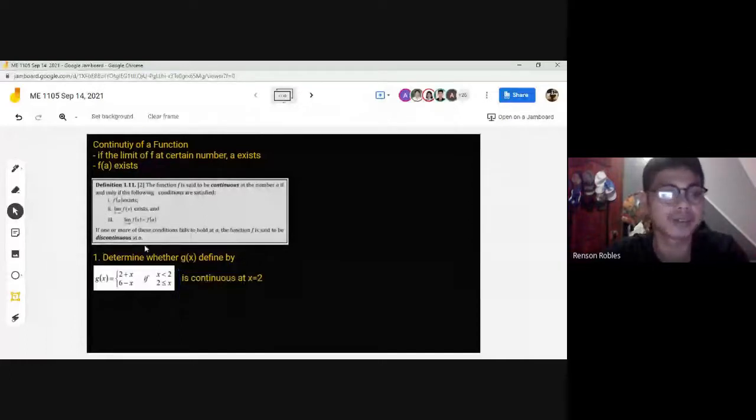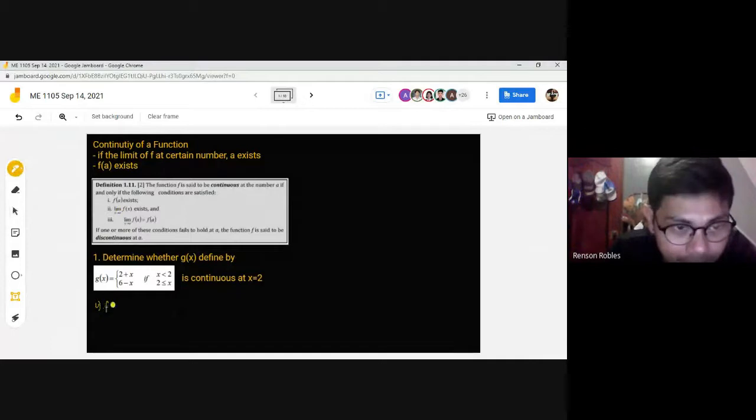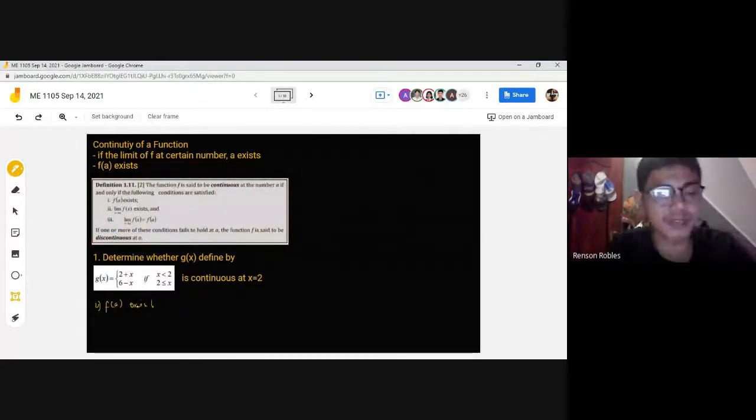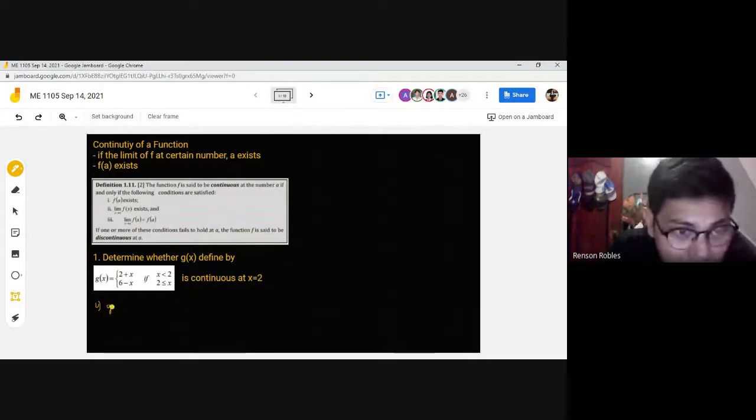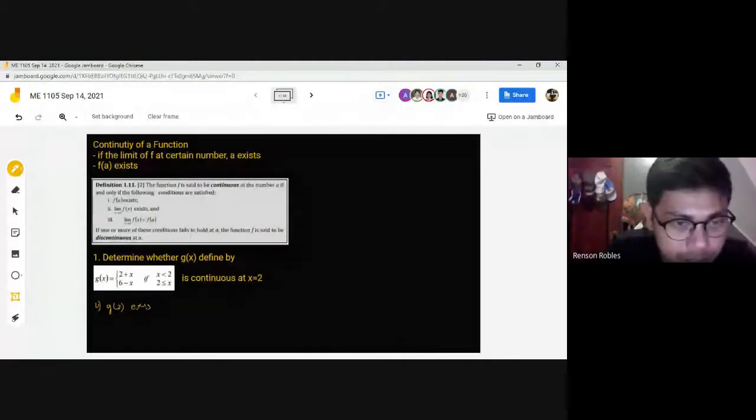Following the definition, part one, you have to show that f of a exists. No, it's not f of a, it's g of a. Sorry. So we have to show that g of 2 exists. Between these two equations, which shall be used?